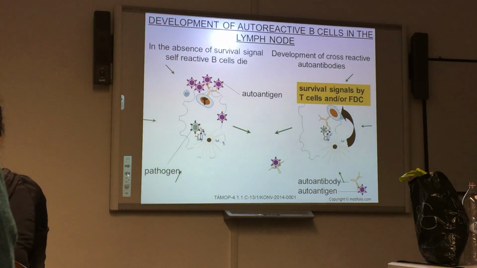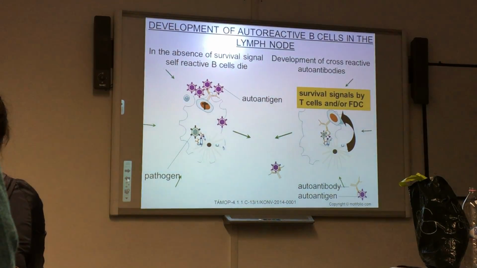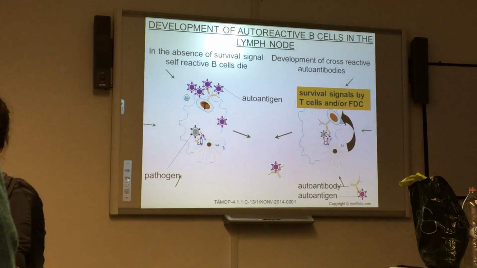Okay, it's another slide. Also, autoantigen can enter, yes, so this is a lymph node, and also this is a lymph node.